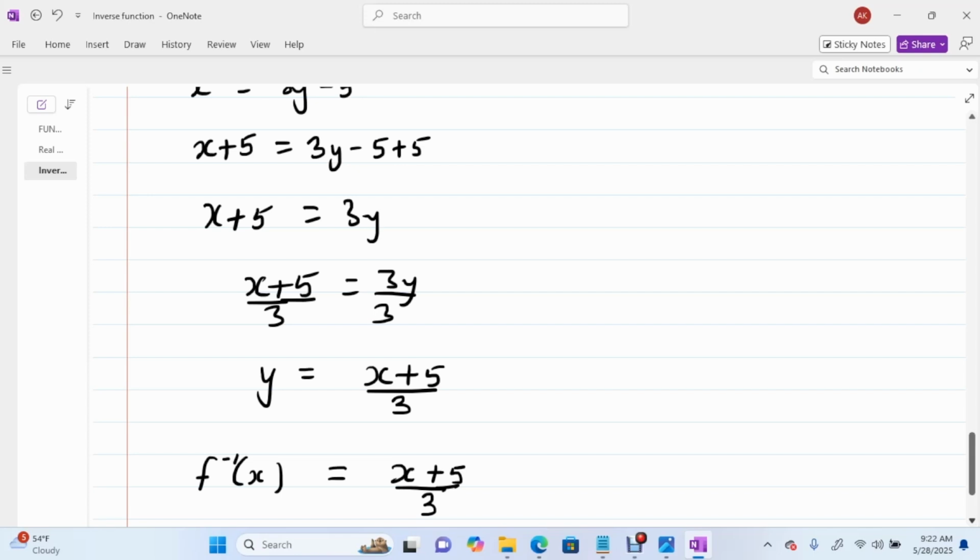For example, if a function f takes an input a and produces an output b, then its inverse function, f inverse of x, must take b as the input and produce a as the output.